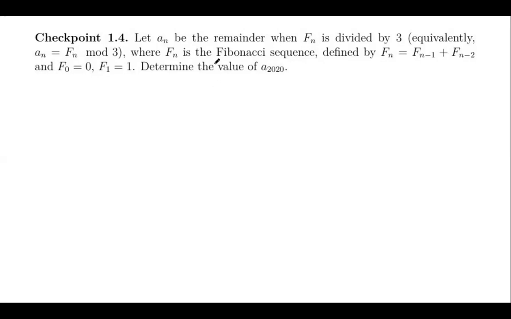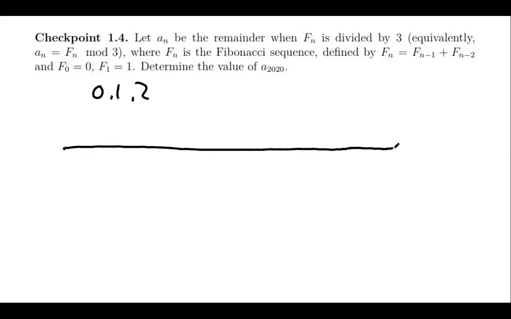So this is going to be periodic again. And since a_n is the remainder when F_n is divided by 3, there are only 3 possible values: 0, 1, or 2. So let's make a table again. Oops, we should have started from 0, not 1.